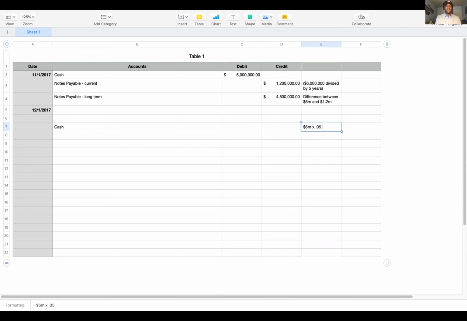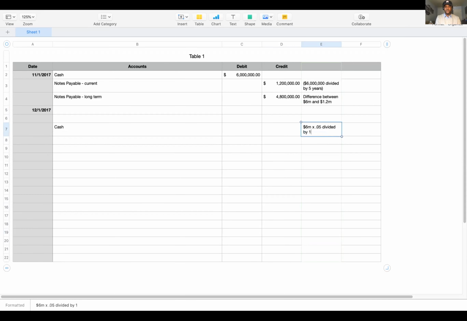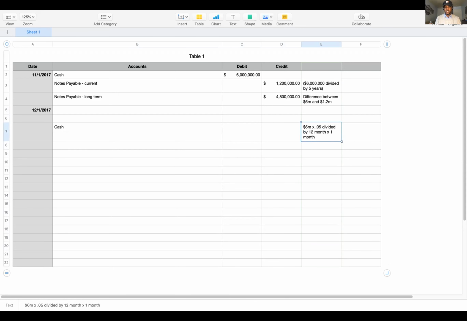But remember, because 5% is an annual interest rate, we're going to divide that by 12 and then multiply that by 1 month.